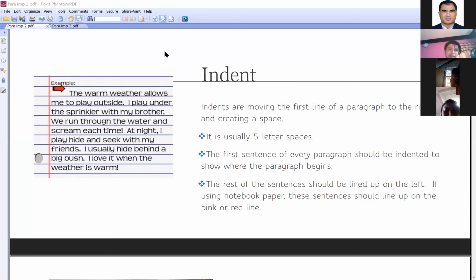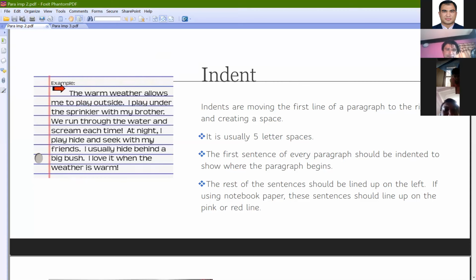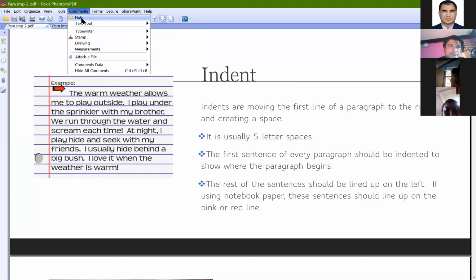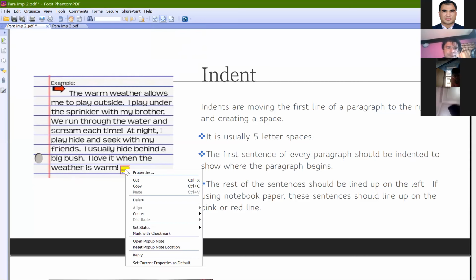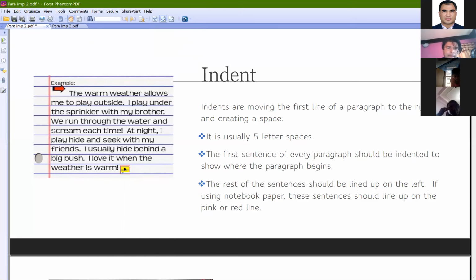And what's the idea? The idea that dominates the paragraph is this. I can't write here, this is a PDF file. Let me share it in a Word file.